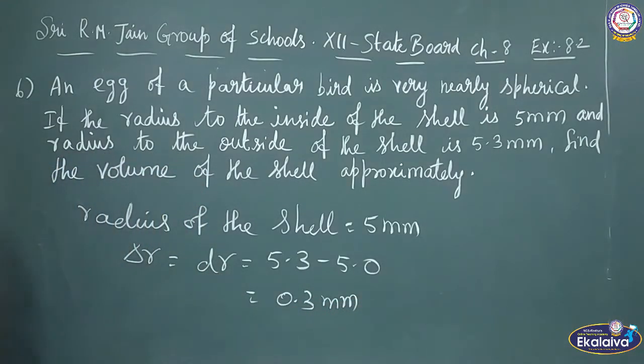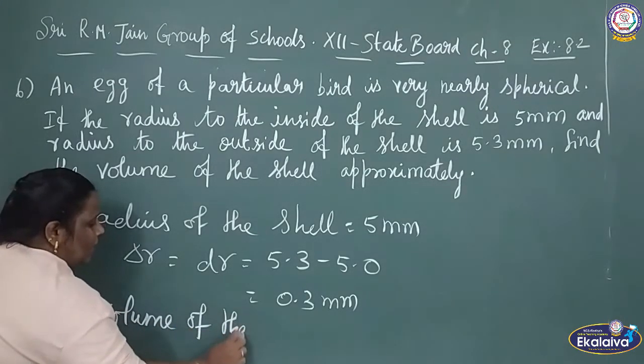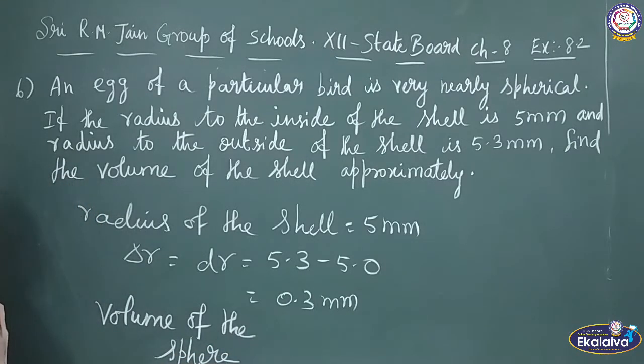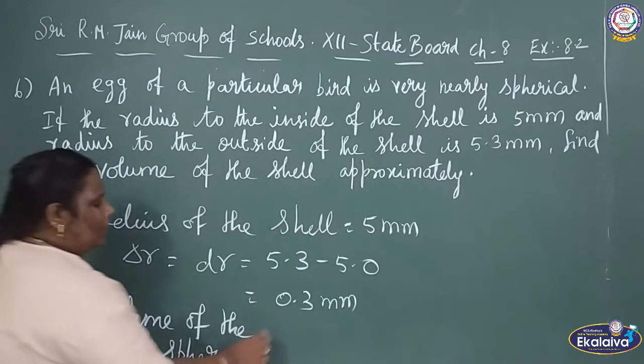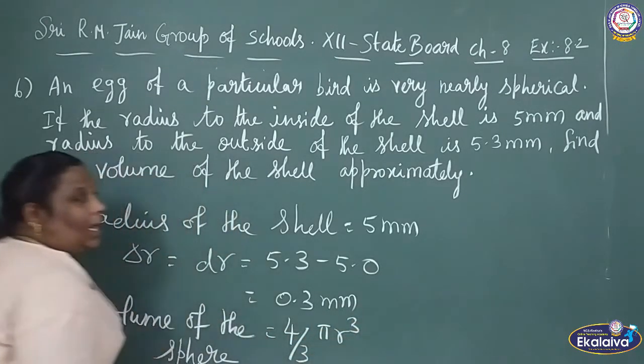Next, volume of the sphere. What is the formula for volume of the sphere? Volume of the sphere equal to 4 by 3 pi r cube.